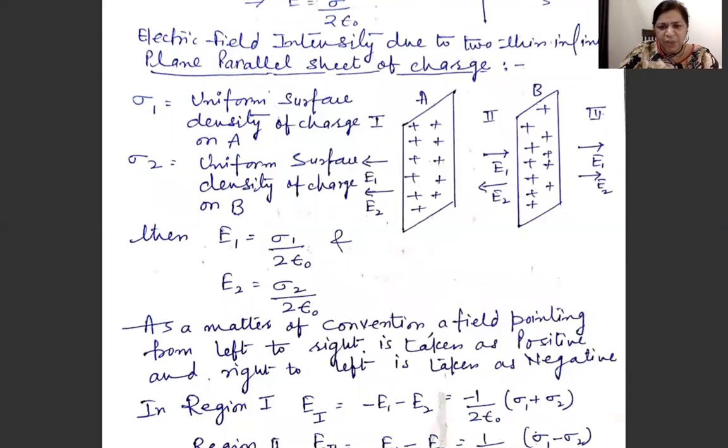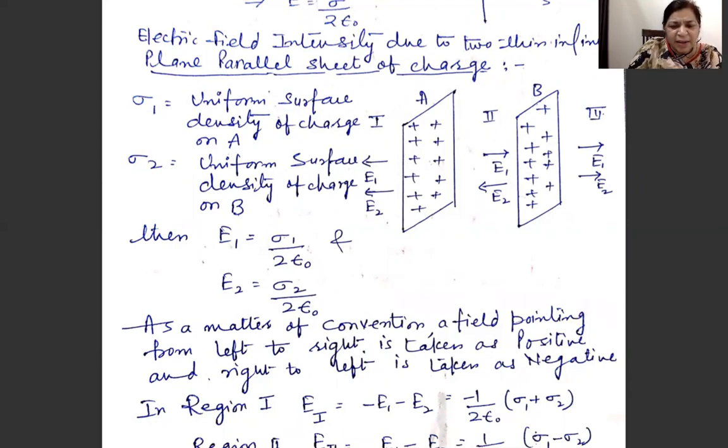In region 1, you can see that the direction for E1 and E2 is the same. In region 3 also the direction is the same, and in region 2 you can see that E1 and E2 are in opposite directions, because we have already discussed that because of the positive charge the direction of the electric field intensity is outward.